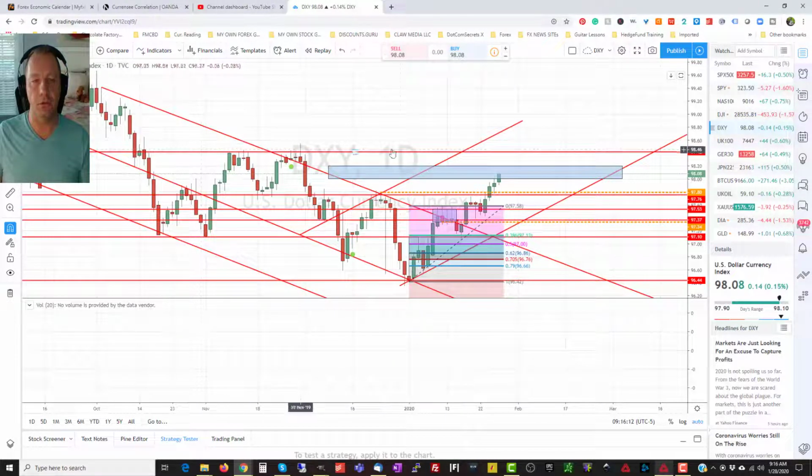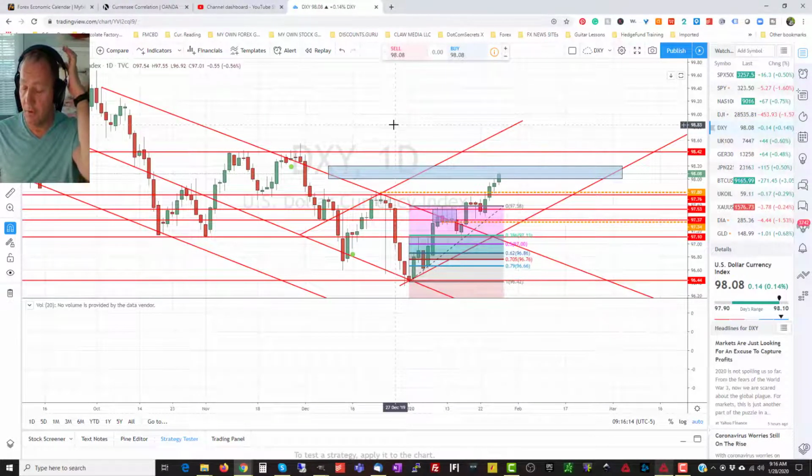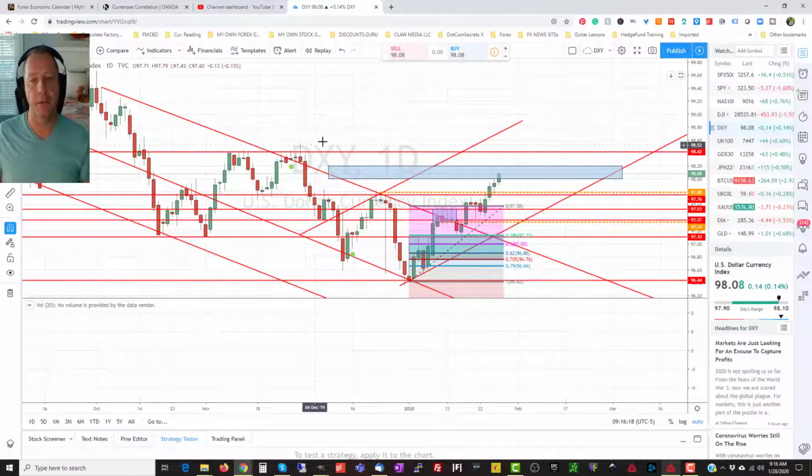So 98.42, which is the March call options for the dollar index. So price will come up to 98.42, 43, and then spike over that because there's liquidity again over here. So I expect the dollar to become a little weaker here.